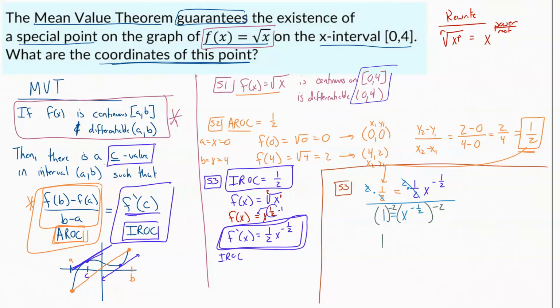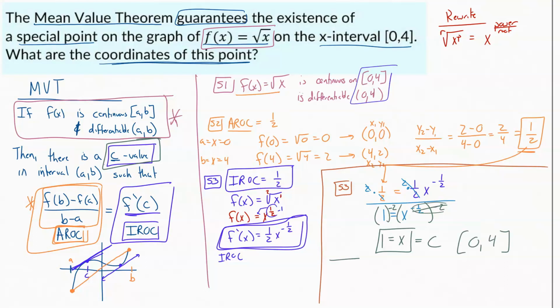Well, that's just 1 is equal to, those powers cancel out, and so we're left with x equals 1. That is the x value. That's what they refer to in our definition as the C value. And look, miracles of miracles, it lives between 0 and 4, which is where we said it had to.